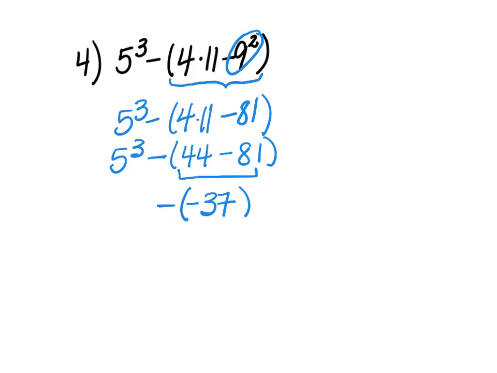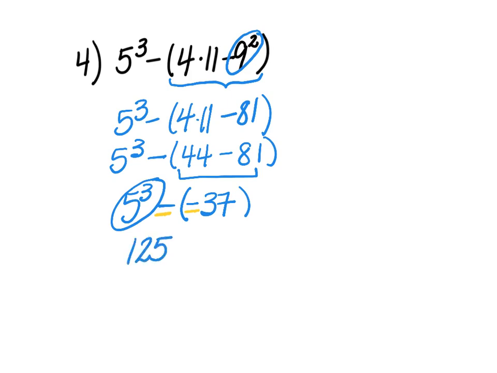This time it's because I'm separating the two signs. I'm separating this outside negative from the inside negative. Often when we have two signs, we use parentheses to separate them. Now I need to do my second exponent. 5 to the third power means 5 times 5 times 5, which is 125.